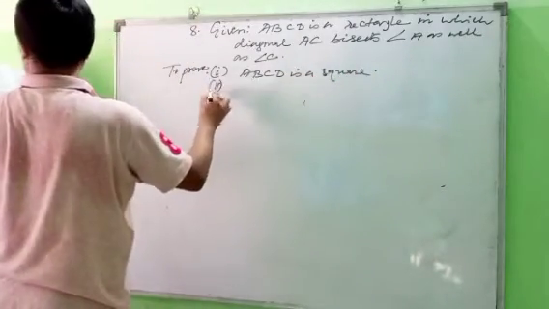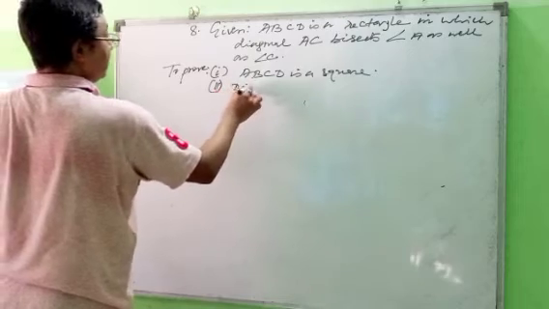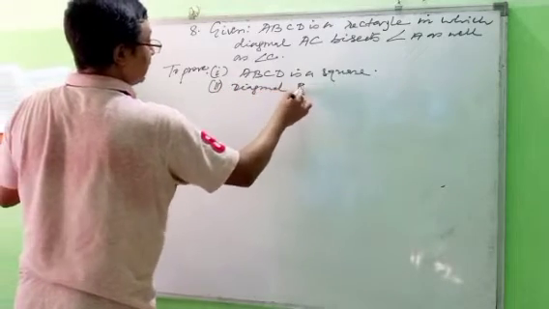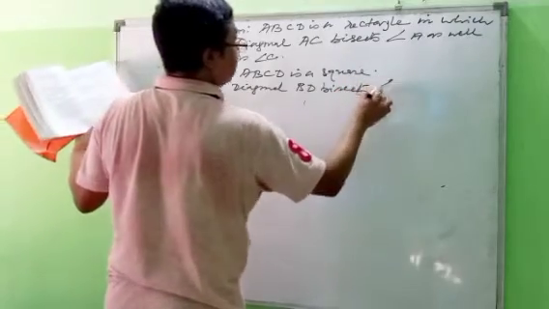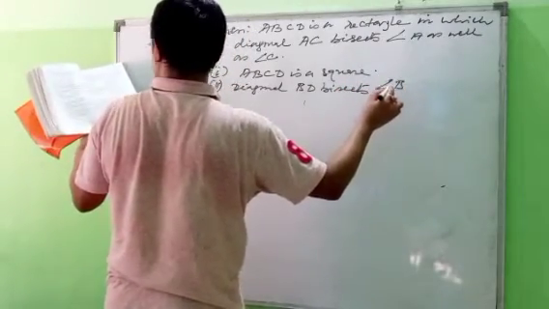Number 2, diagonal BD bisects angle B as well as angle D.